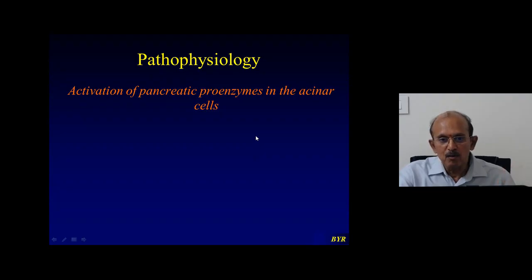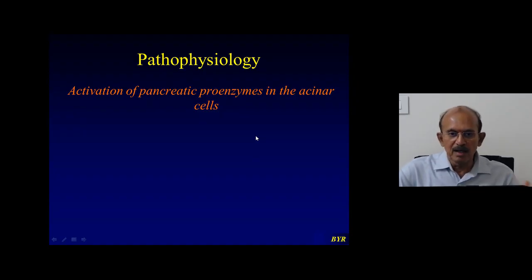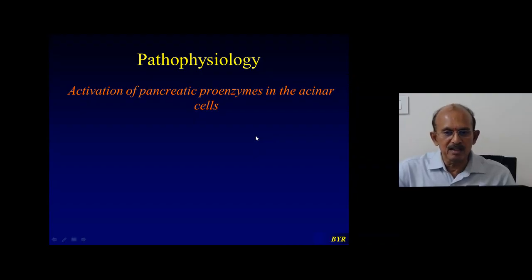And then he was the one who discovered that they are in the proenzyme or inactive state, and later they become activated once they come into the lumen of the gut. Of course, there's a big biographical story about how he discovered that. Some other day when we discuss the stomach, I will tell you about that.